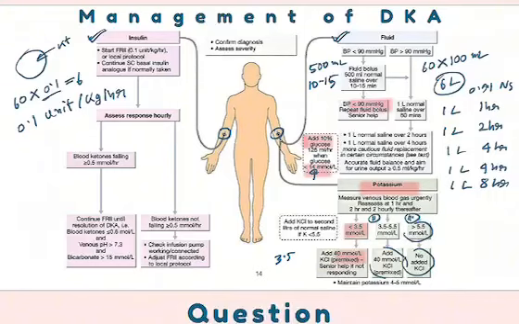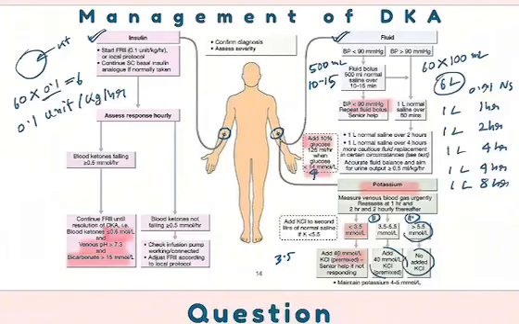After all this, when the blood ketone level has fallen below 0.6 millimole per liter, the venous pH is more than 7.3 and the bicarbonate is more than 15 millimole per liter, now you can stop insulin infusion.